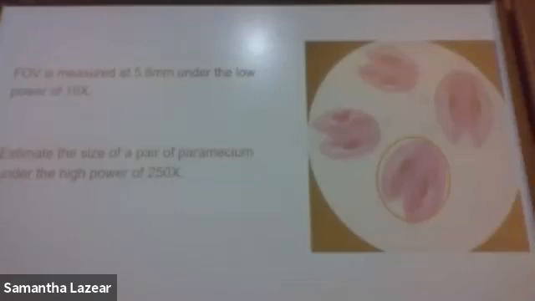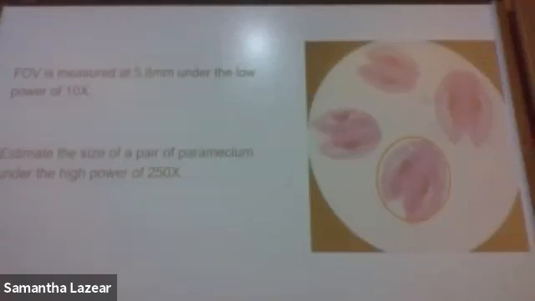Are we ready for the next step? Once you find the field of view at high power, what would you probably do next? Probably count these circles that fit into the circle. Does that make sense? Count the circles. Okay, good. So draw and count circles.